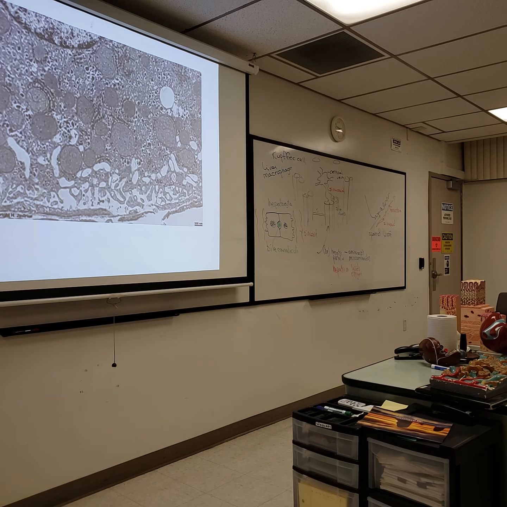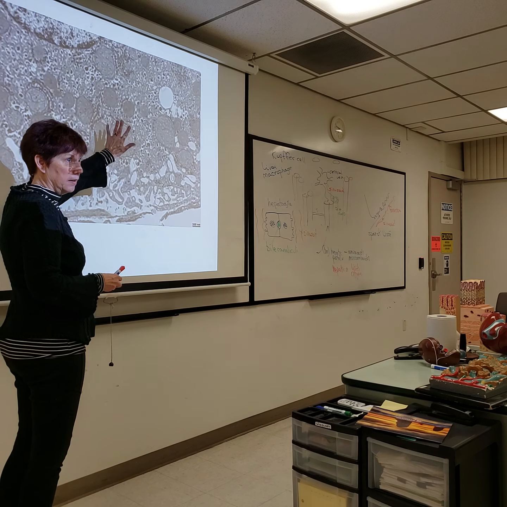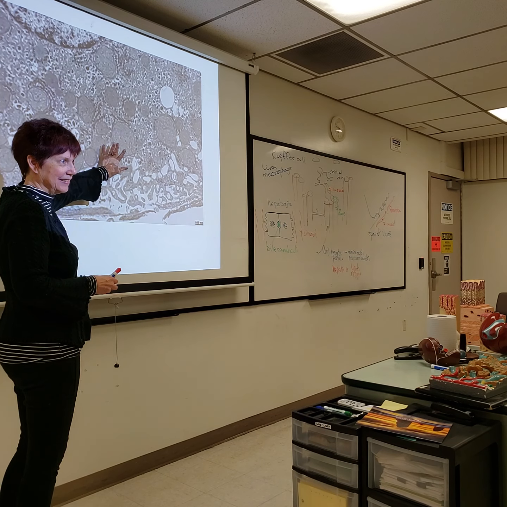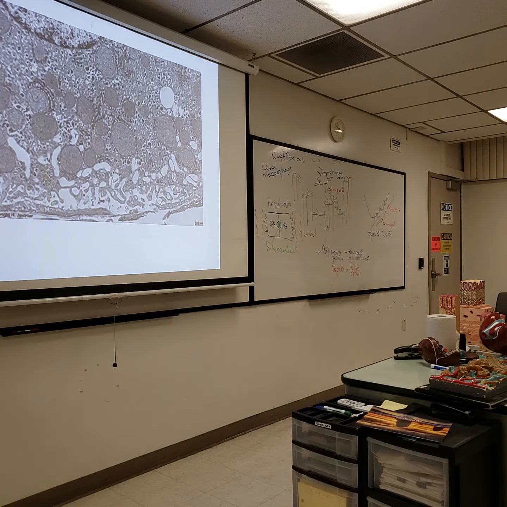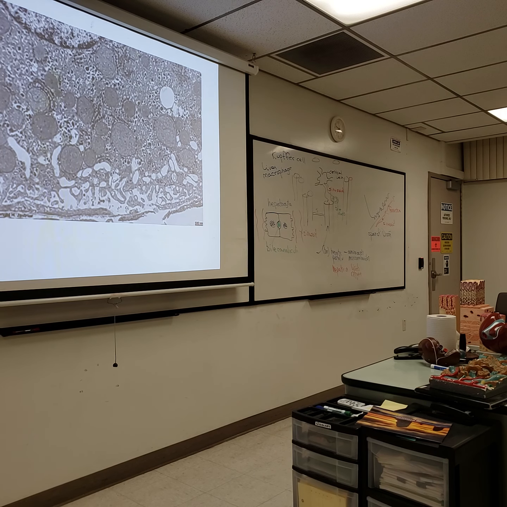Given the role of the liver in storing nutrients, anybody know what all these black dots are? They're too large to be ribosomes. Anybody know what those are? So after you've eaten a carbohydrate-rich meal, the pancreas releases insulin, and that encourages the uptake of glucose, where it's stored in the liver as glycogen.